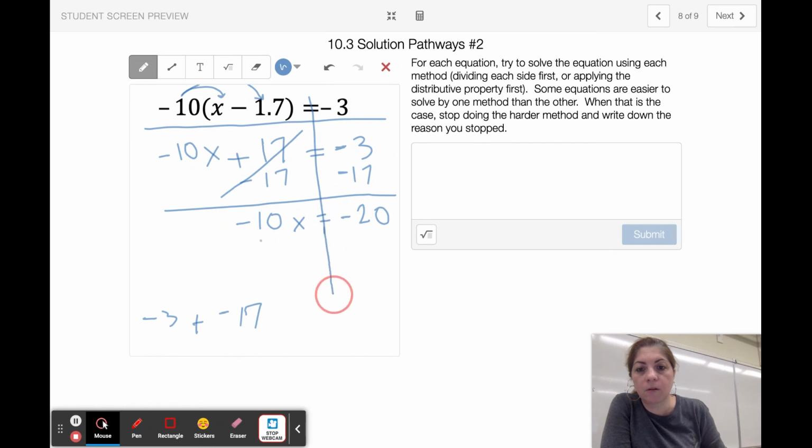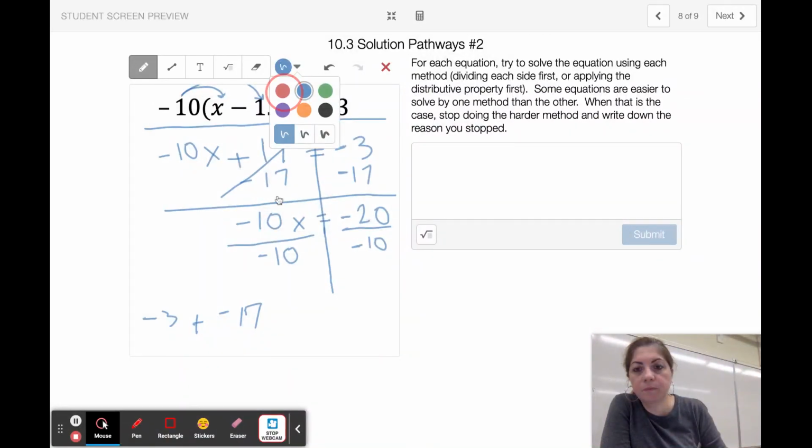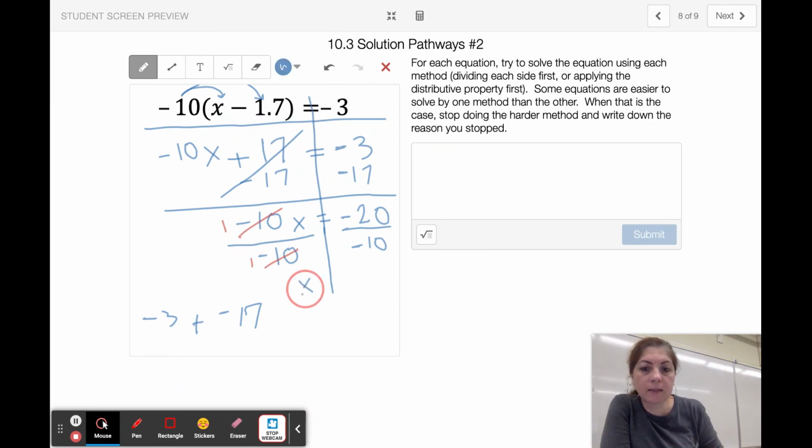Now, we are going to divide both sides by negative 10, and that is going to help me cancel negative 10. Negative 10 divided by negative 10 is 1, so we are left with 1x, or just x, equals 2. Now it's positive 2 because negative divided by negative is going to be a positive answer. So the answer for this one is 2.